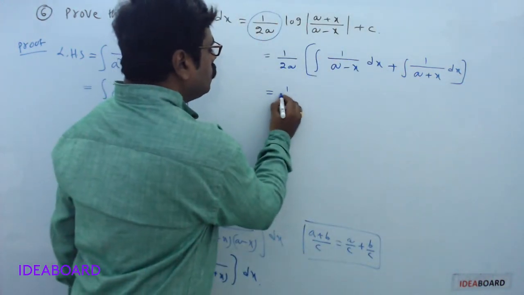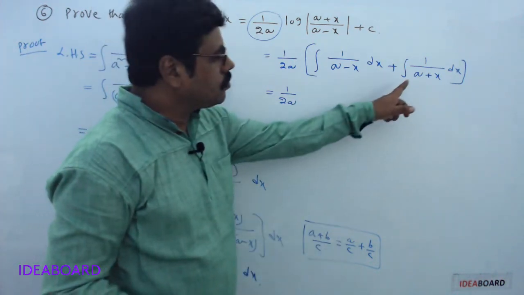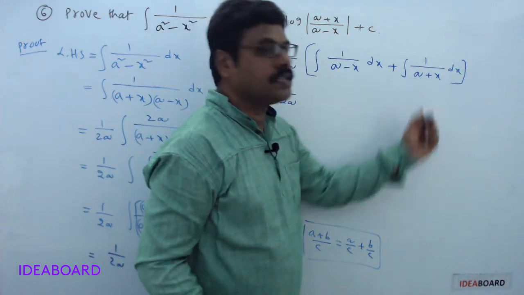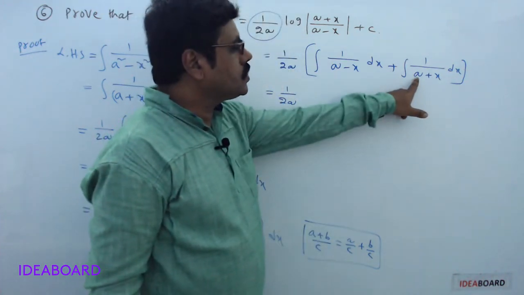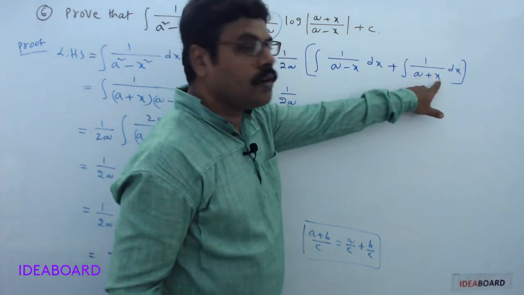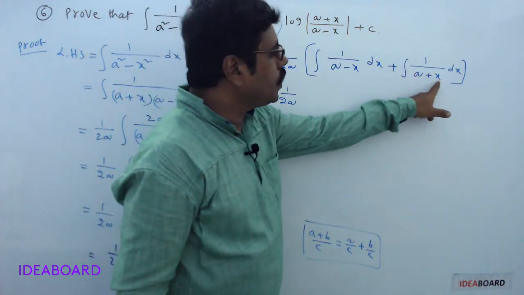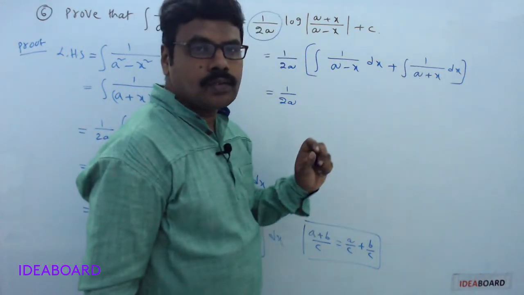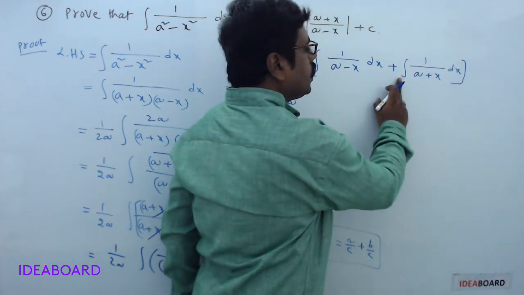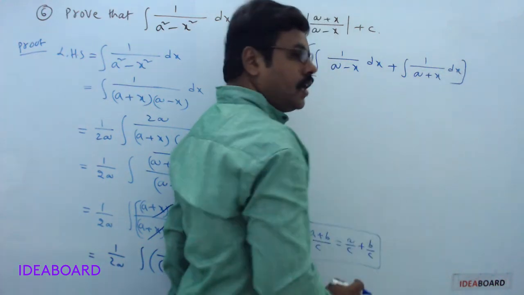Now this equals 1 divided by 2a into, first come to the second term. What is the derivative of a plus x? a is the constant term. What is its derivative? 0. What is the derivative of x? 1. So the derivative of a plus x is 1. So clearly the second term is of the form integral f dash of x divided by f of x dx.